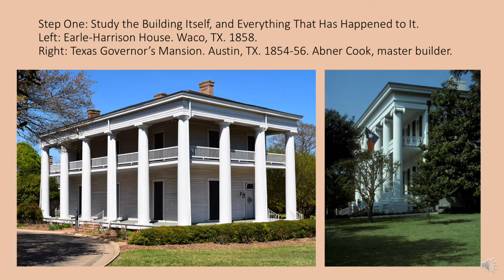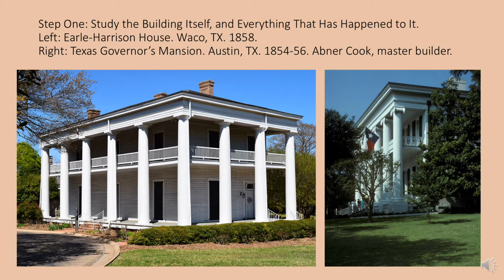For example, the Earl Harrison House that you see on the left side of the screen had a number of changes happen to it over the years. Perhaps the most important is that it was picked up and moved. It used to be very near what is now I-35 and was moved in the late 1960s to a site on the other side of downtown near Cameron Park.